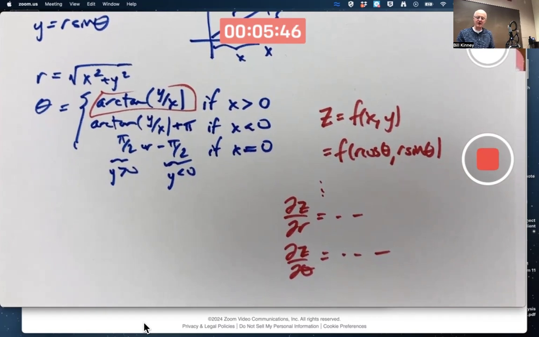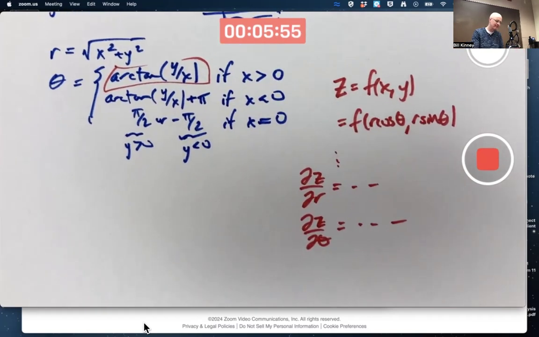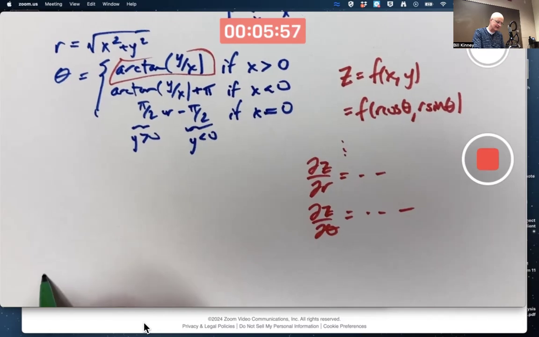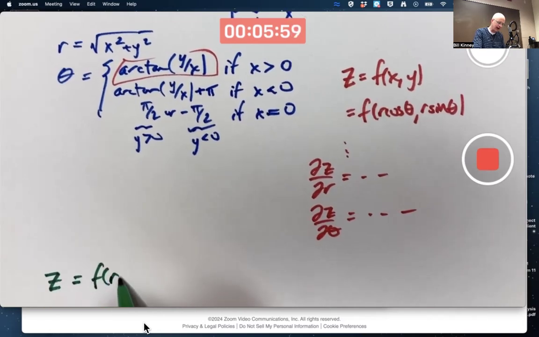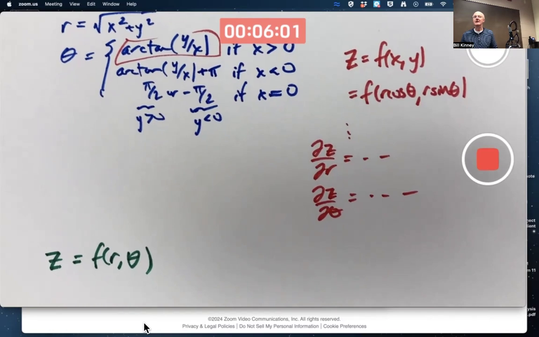Maybe you've got a function best described in polar coordinates first, and you want to figure out its dependence on rectangular coordinates. Maybe you've got z equals f of r, theta. It's just simplest to describe your function in polar coordinates at first. But then you want to figure out how it depends on x and y.